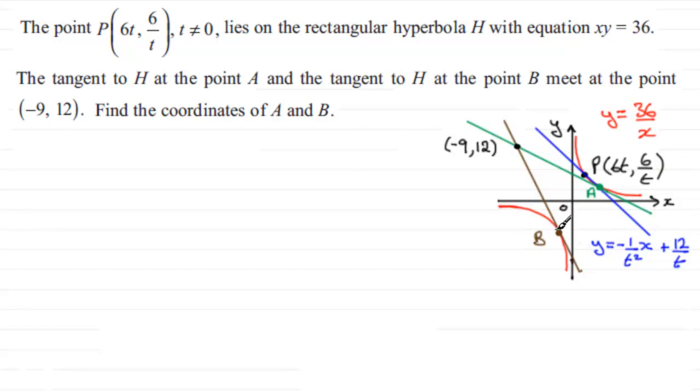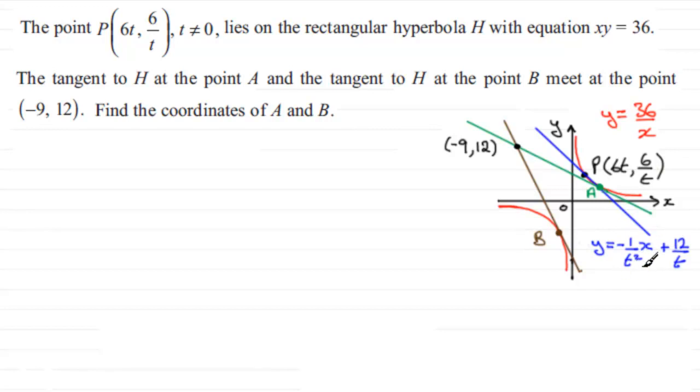Well, what I know is that since this is the general equation of a tangent, then minus 9, 12 must satisfy this equation at the points A and B. So all I need to do is substitute y equals 12 and x equals minus 9 into this equation, then solve that equation for t.